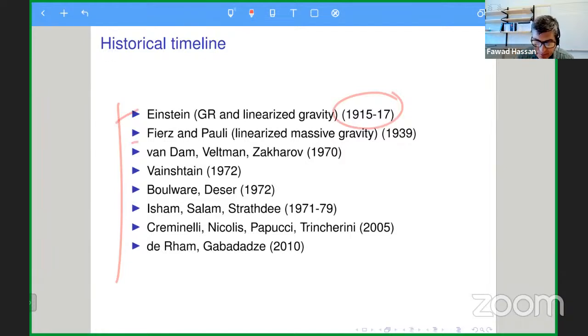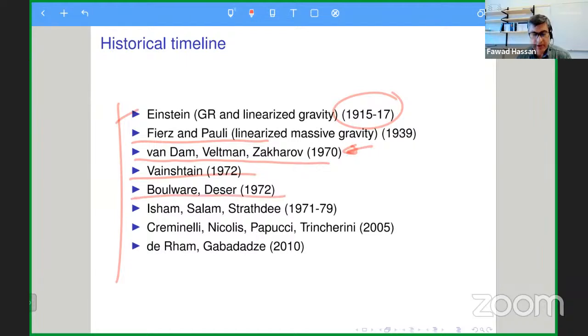Then Fierz and Pauli introduced a mass for a spin 2 field at the linear level. Van Dam, Veltman, and Zakharov discovered the discontinuity that if you take the mass of a graviton to 0, you do not really recover massless gravity. Vainshtein came up with the notion of nonlinear effects, which essentially removed the vDVZ discontinuity.